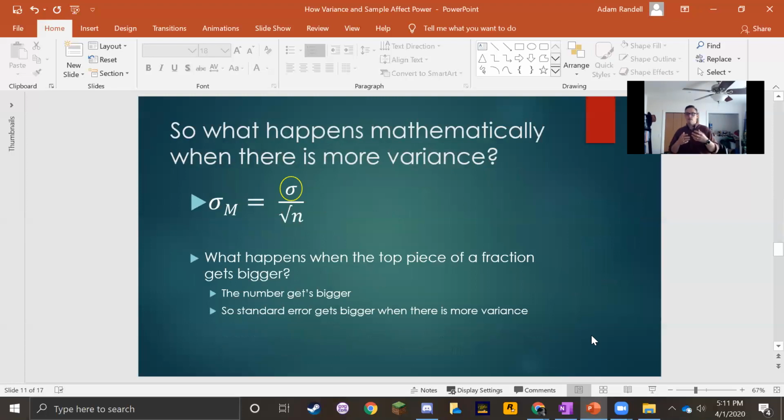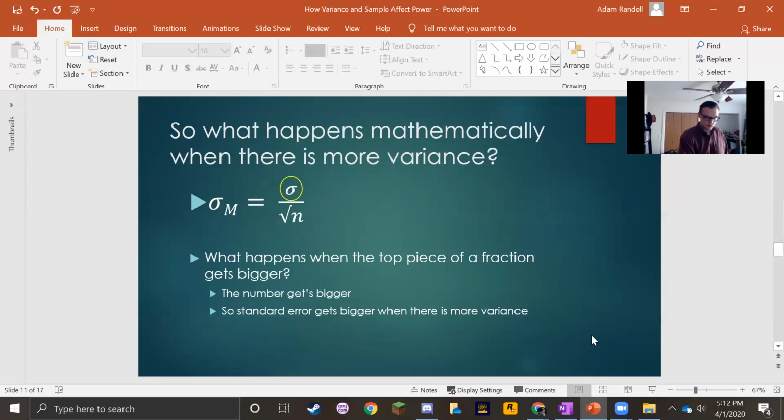We're going to first talk about standard deviation, variance. Remember back before what we said happens when you increase the top number. When you increase the top number, you increase the quotient size. So if we increased standard deviation here, you see it circled there, if we increase the variance in our sample, that's going to make the quotient, standard error, bigger. Okay.